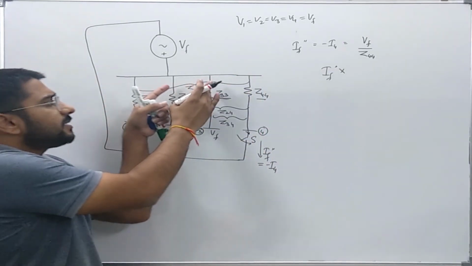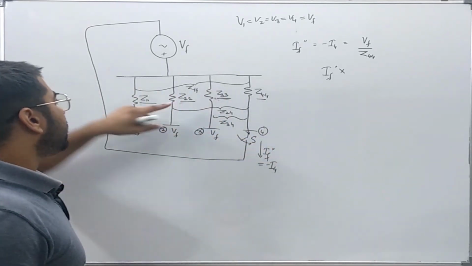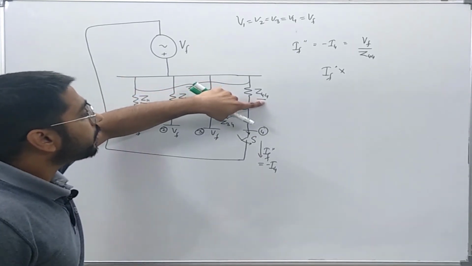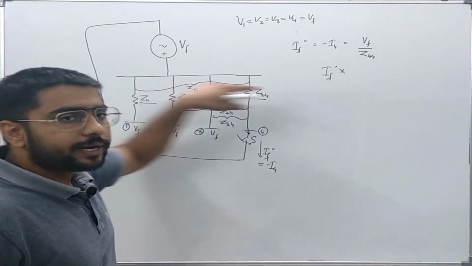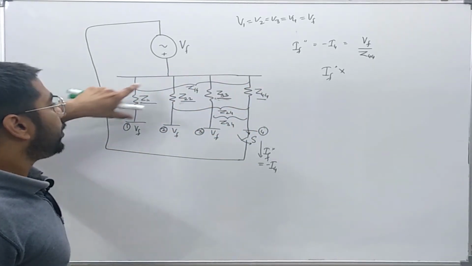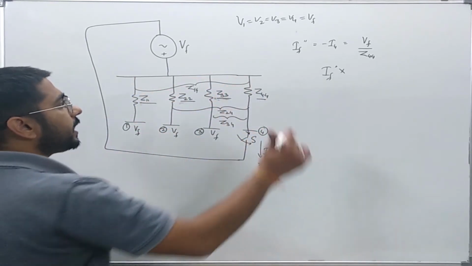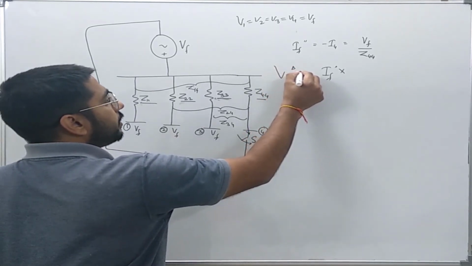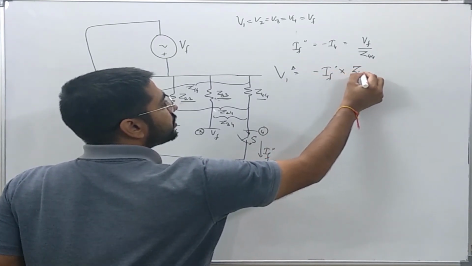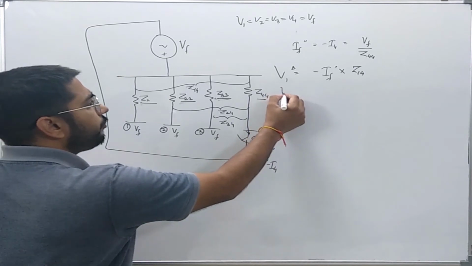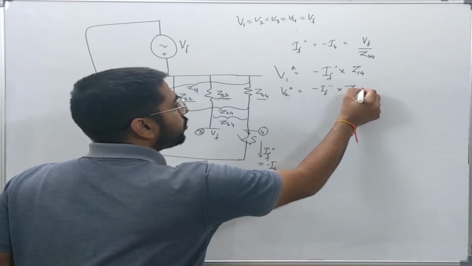This represents some kind of impedance connected between bus 1 and bus 4, which will show the change in voltage, or the voltage drop, at bus 1 due to the current IF double prime flowing from bus 4. So V1 delta will be nothing but minus IF double prime into Z14. Similarly, V2 delta will be nothing but minus IF double prime into Z24.